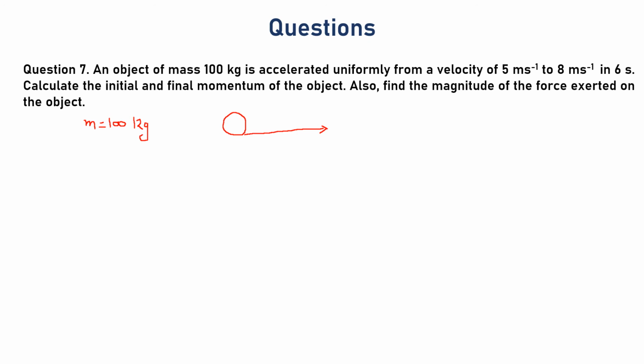M is 100 kg. So the initial velocity was 5 meter per second, and later on the velocity has increased to 8 meter per second, and the time taken is 6 seconds.